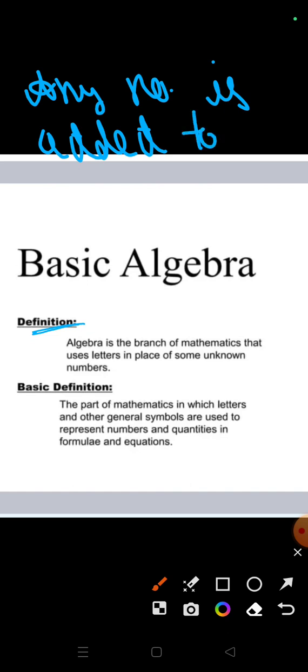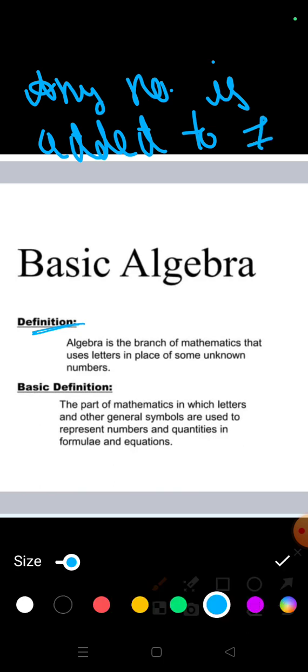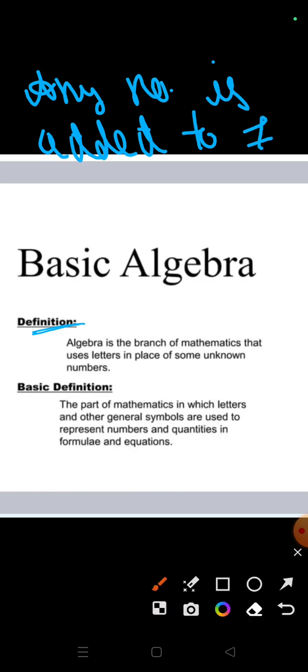Any number is added to 7. I will say that any number is added to 7.